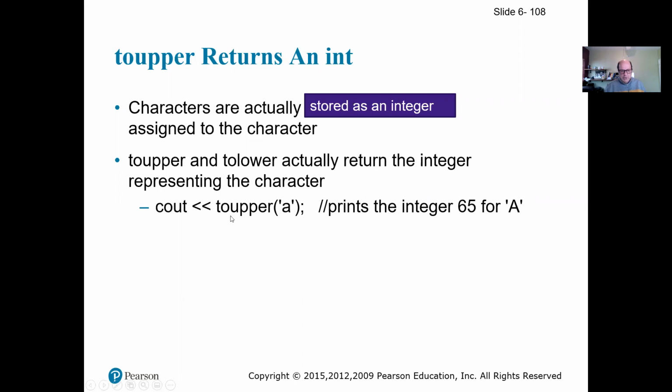One, if you just say toupper and don't assign it to anything, nothing is going to happen. You have to assign it to something. Two, when you assign it, it can potentially be a number.